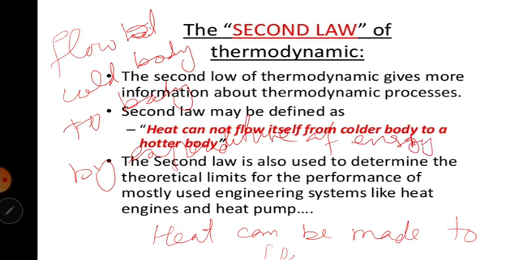For example, if you give electrical energy to a refrigerator, it makes heat flow from a cool body to a hot body by the expenditure of energy. I will explain it in the coming example.